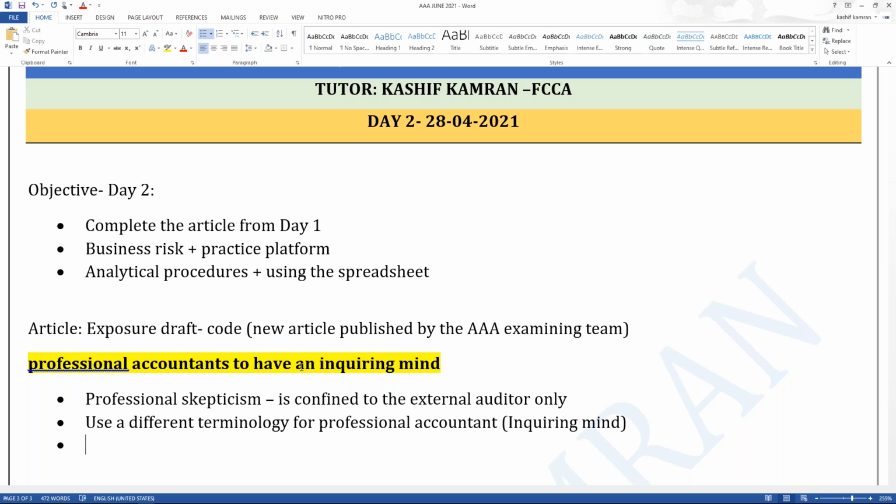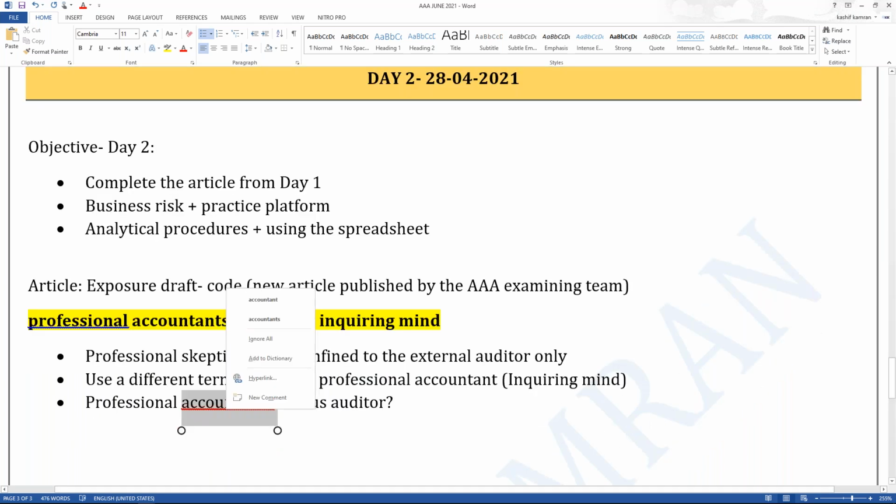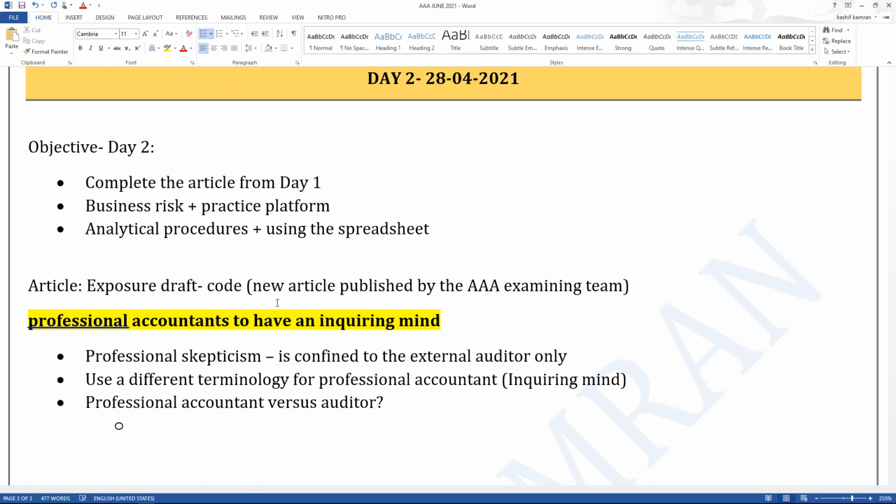So I hope you all understand the difference between a professional accountant versus an auditor, right? Are you all clear on this? Should I write it down? The professional accountant versus the auditor, what's the difference?